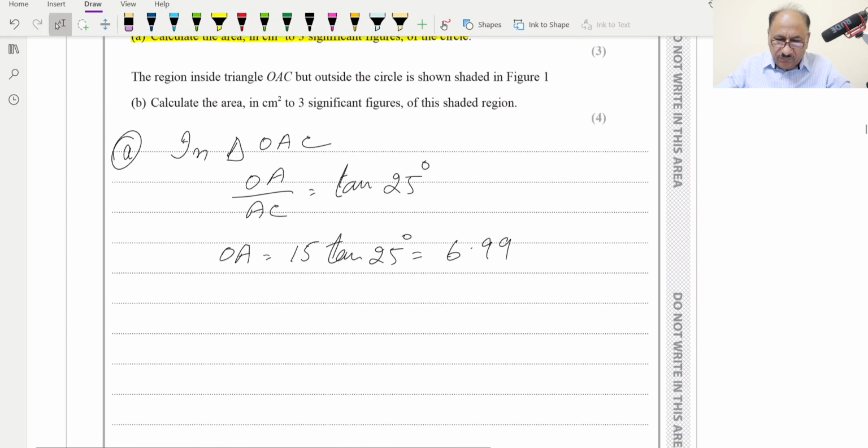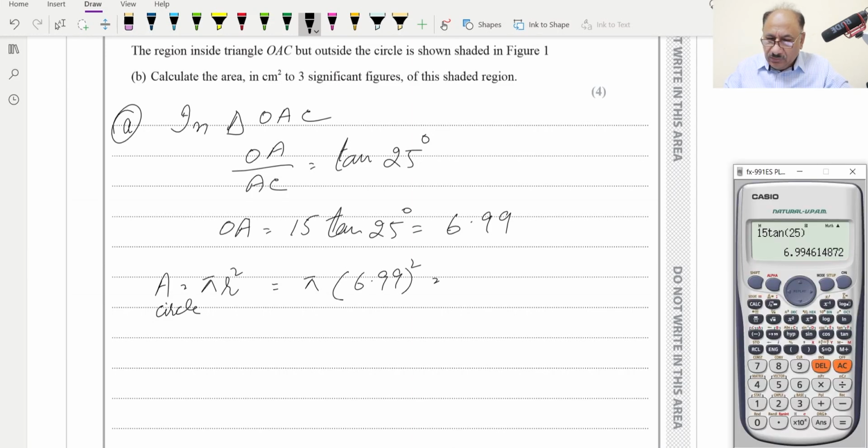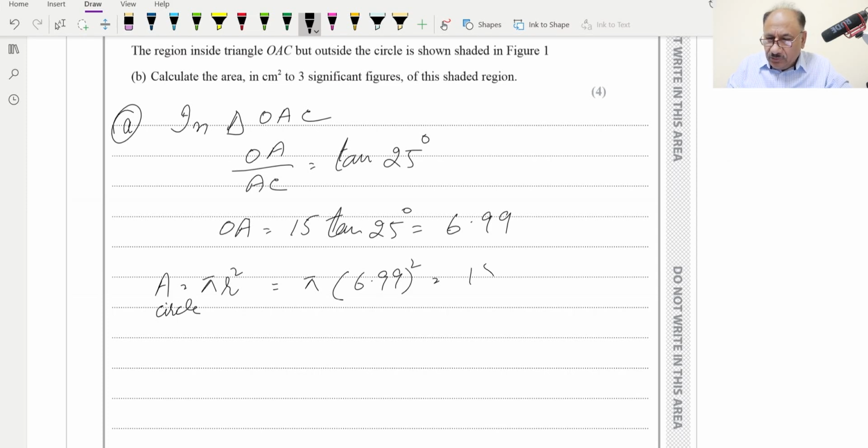Now we can find area of the circle. So area of circle is equal to pi r squared, which means pi times 6.99 squared, and this will be equal to 153.70.